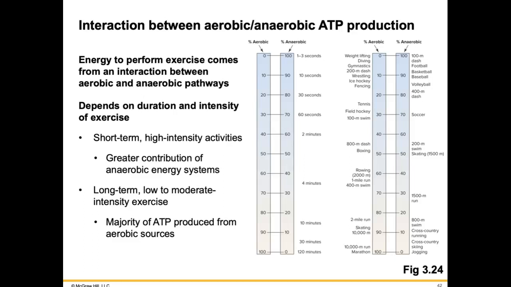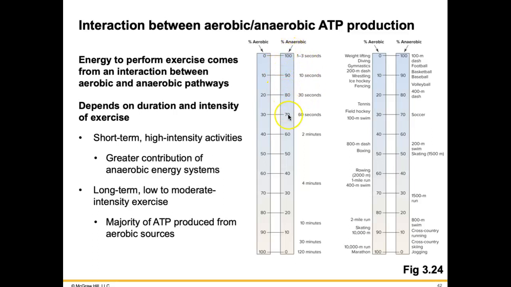But as far as what is being used when, it's going to depend on the duration and the intensity of the exercise. We've already mentioned when we talked about our phosphagen system, or our creatine system, that when we do short-term, high-intensity activities, we are going to have more of our anaerobic energy systems contributing.